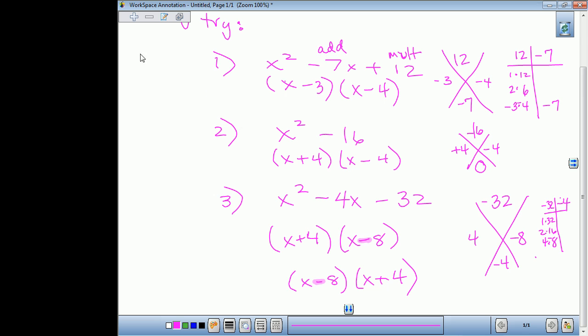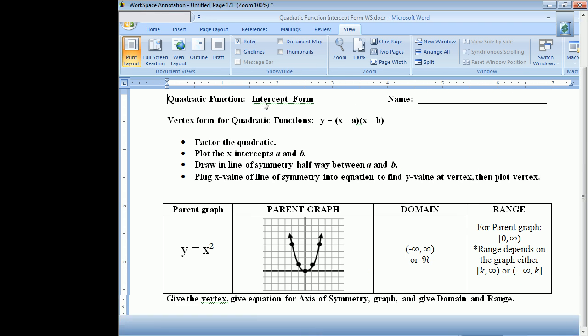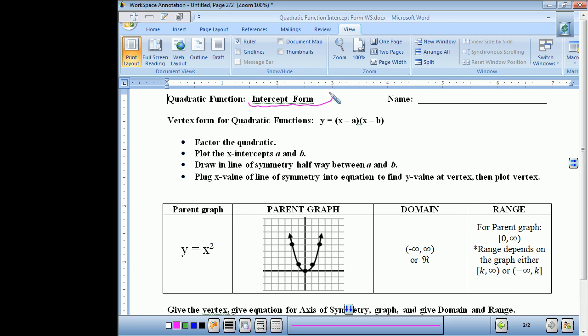What this is called is graphing using intercept form. And the reason we call it intercept form is because in this graphing method, what we're looking for are x-intercepts. So please add that at the top of your page. Intercept form means I'm going to be using my x-intercepts.